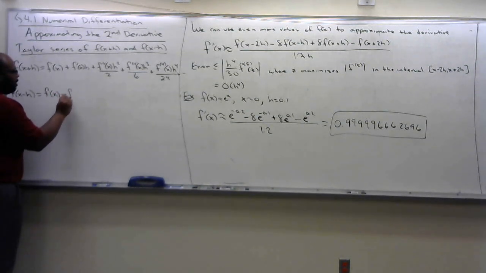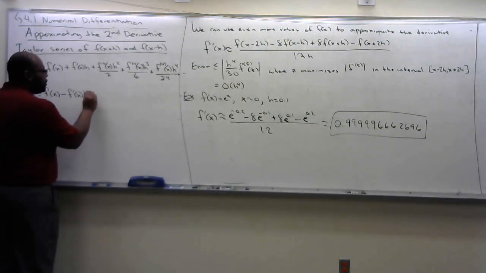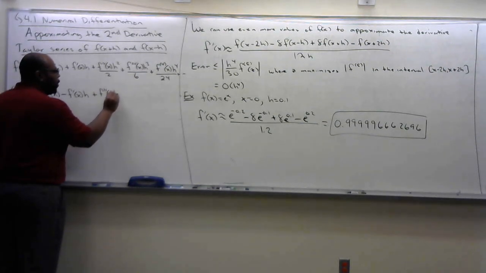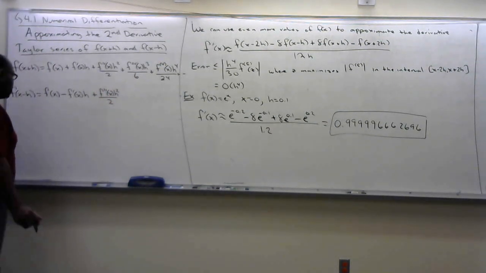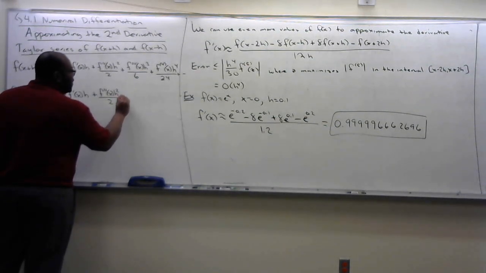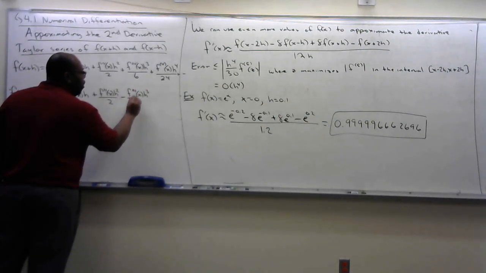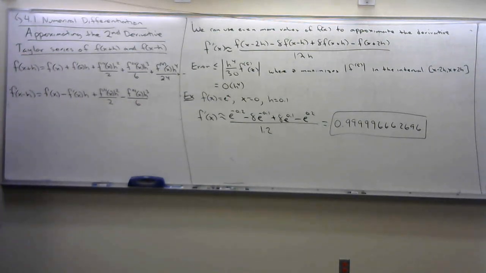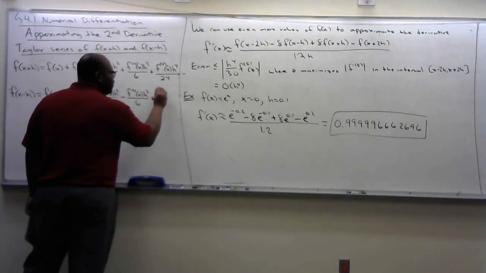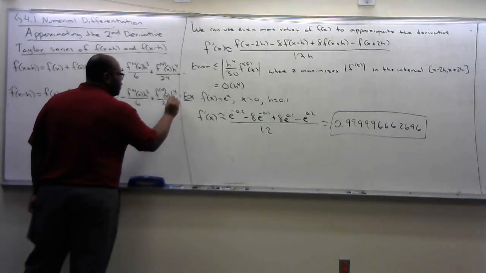We get minus f prime of x times h, plus f double prime of x times h squared divided by 2, minus f triple prime of x, h cubed over 6, plus the 4th derivative of f at x, h to the 4th over 24, and it keeps on.